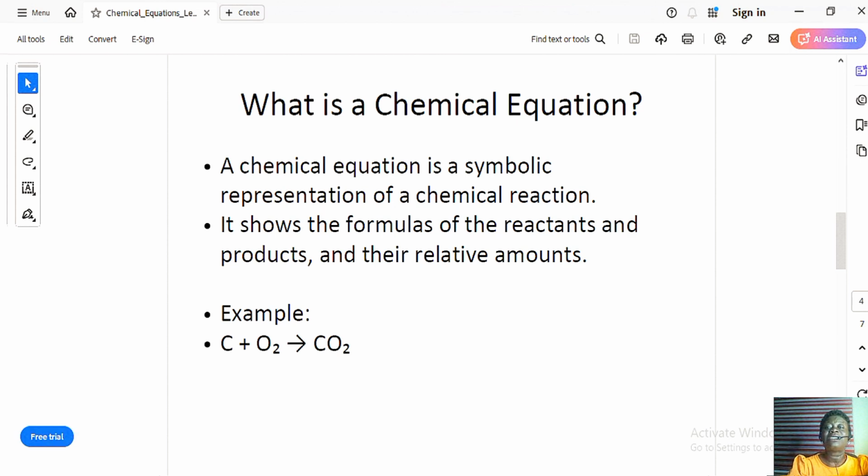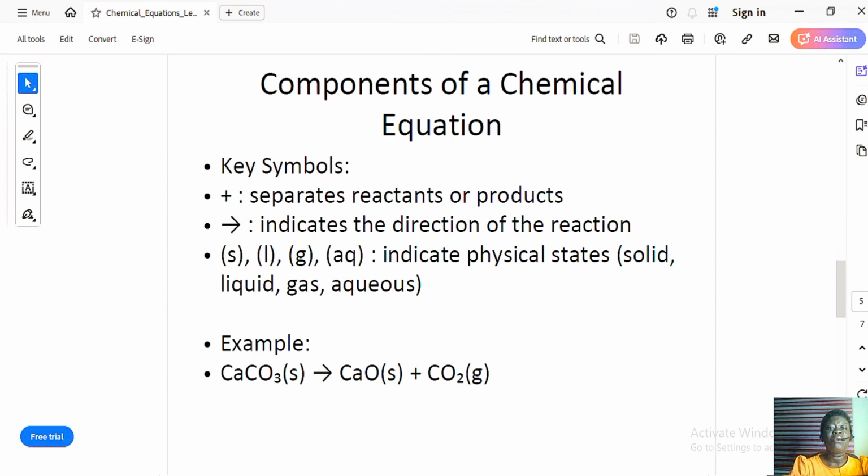And then we looked at what a chemical equation is. And we said a chemical equation is a symbolic representation of a chemical reaction. Then we looked at the components of a chemical equation. We looked at the symbols, the plus, and I said it separates two elements or substances in a reactant and two elements or substances in a product. And we looked at the arrow.